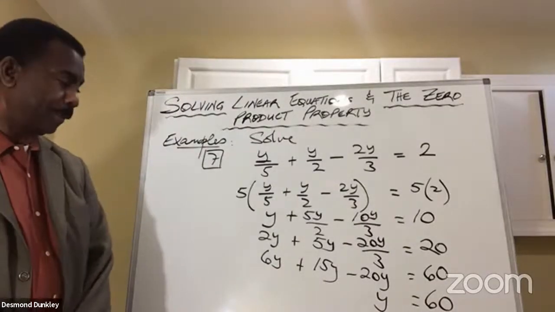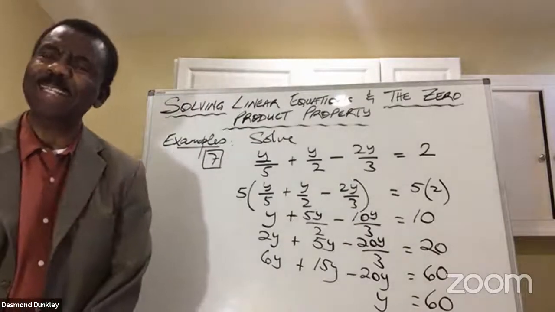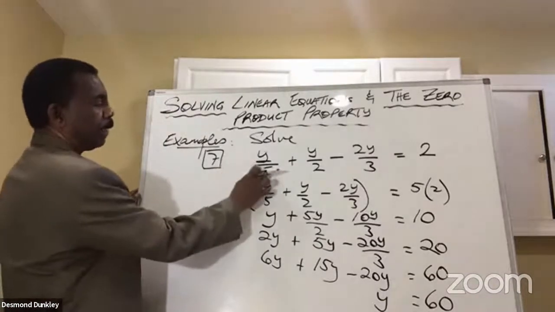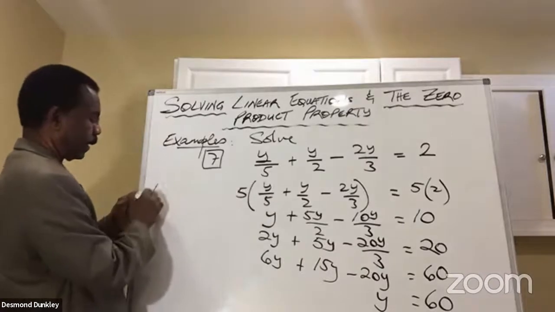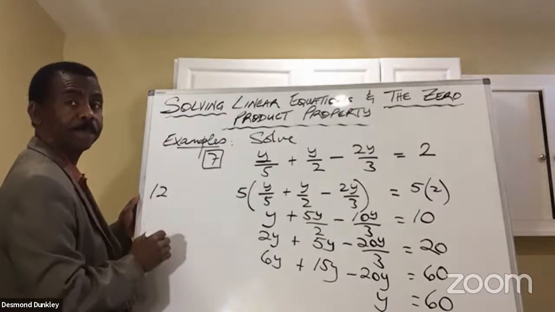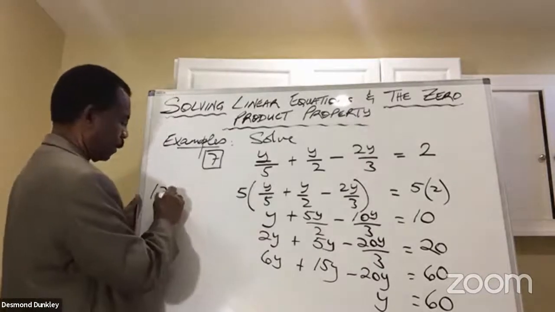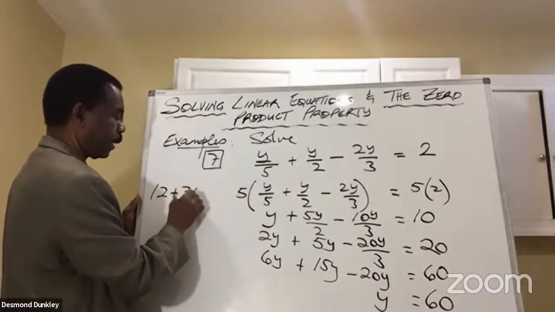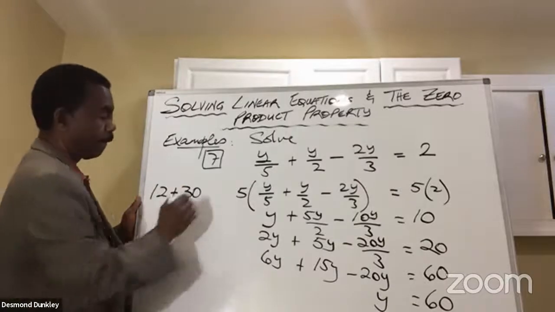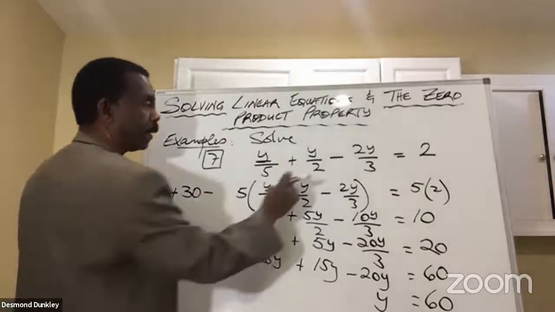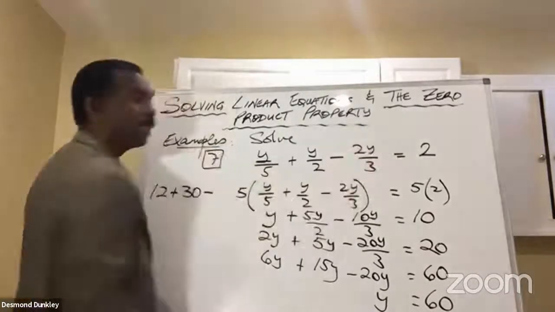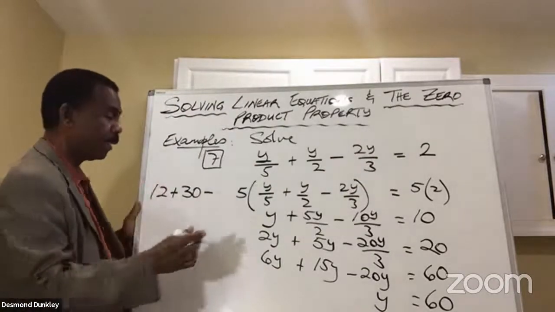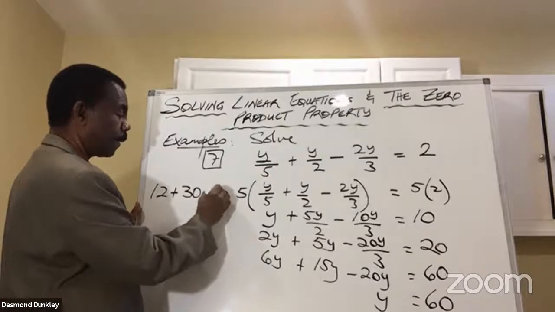Is that correct? Let's check if it is correct. 60 divided by 5 is 12. Plus 60 divided by 2 is 30. Minus 2 times 60 is 120, divided by 3 is 40.